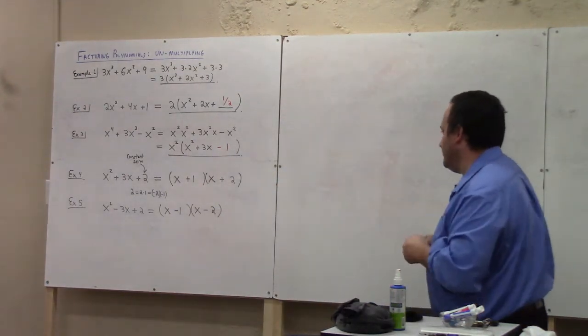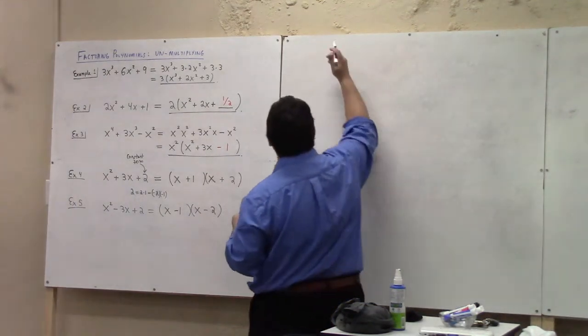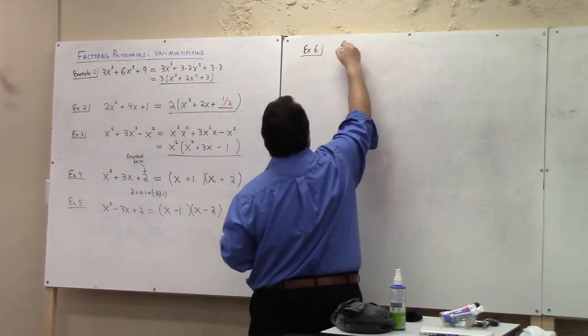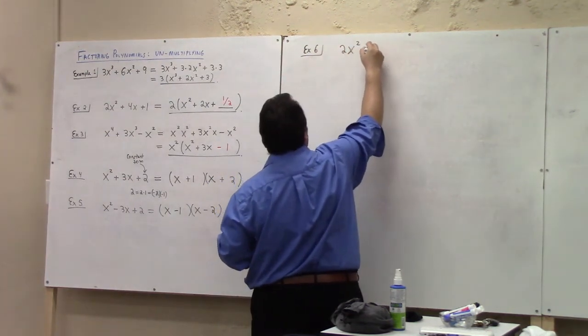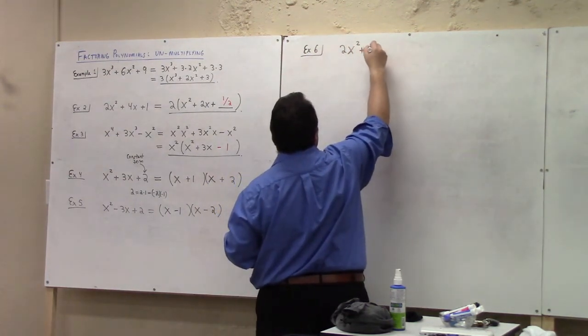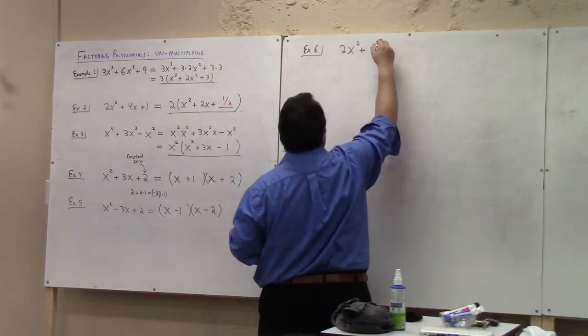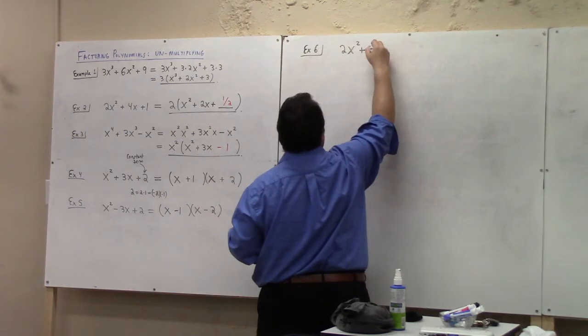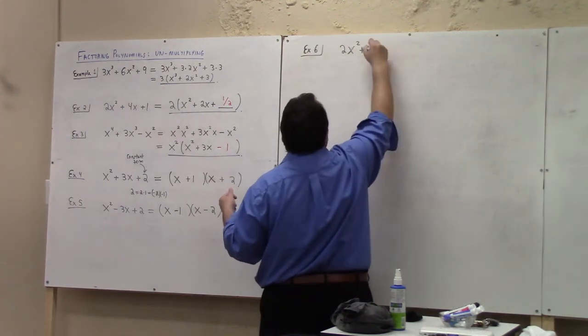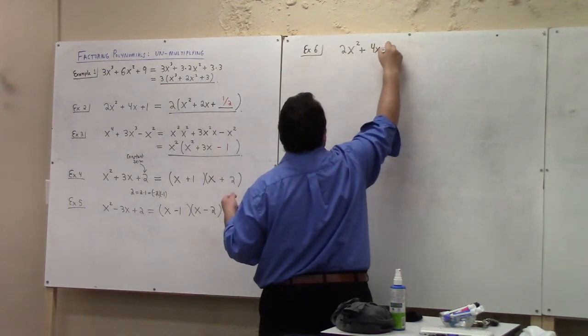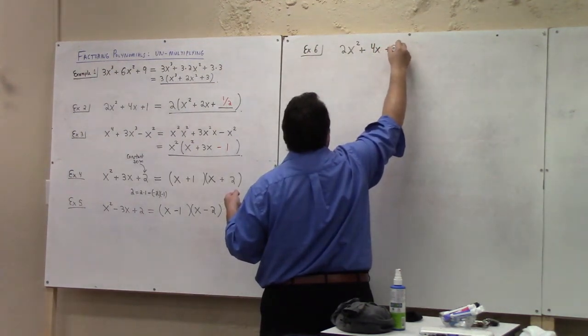All right, so example 6. What if we have 2x squared, I don't know, 4x plus 3.